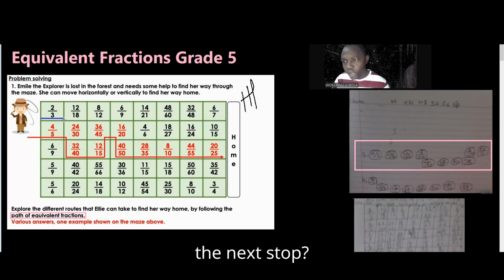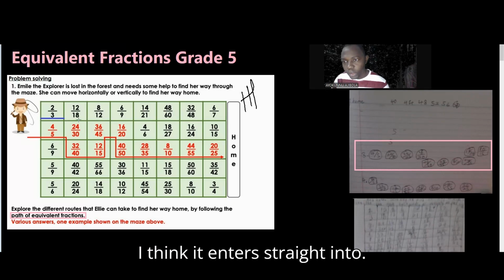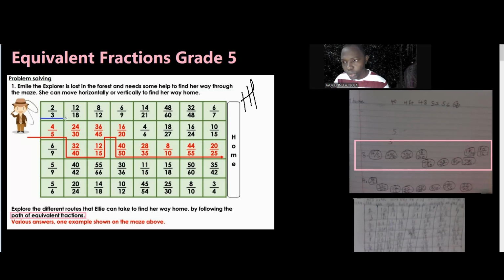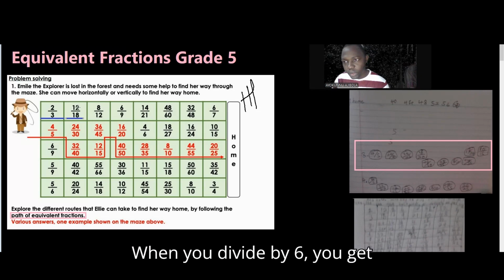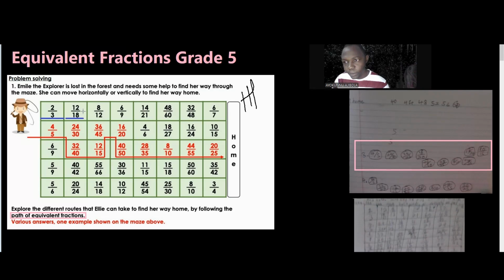Yeah. Where is the next stop? It enters straight into 12 over 18, because when you divide by 6, you get 2 over 3, right?